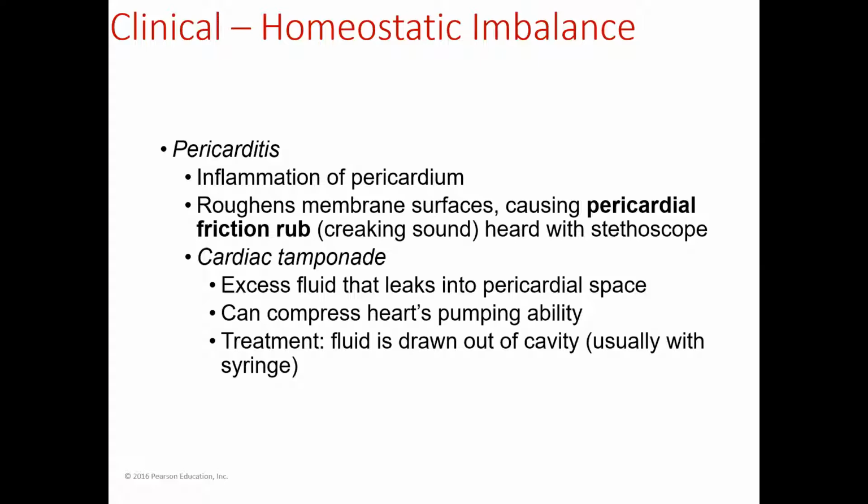So we have to draw that fluid out if something's going on there. A penetrating injury, a knife wound, a stab wound, a shot, even blunt force trauma can cause cardiac tamponade. A person injured in an auto accident or slammed against the windshield or the dashboard, or maybe the airbag just deployed very vigorously and slammed them back.